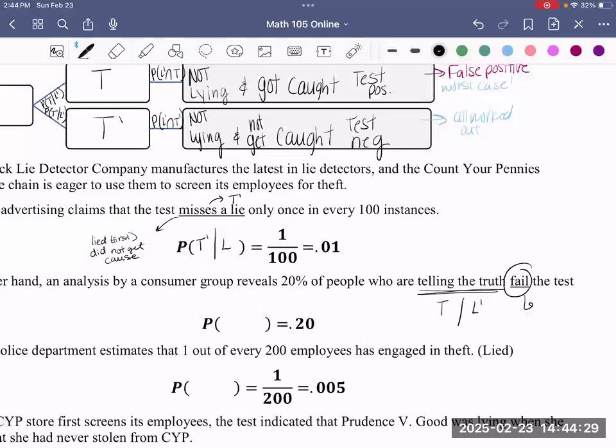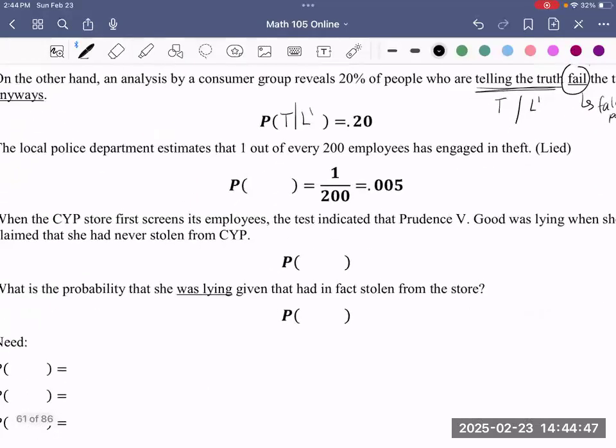This is your false positive. The test results think they're lying even though they're not lying. That happens 20% of the time. That actually seems a lot higher, right? That's not what we want to see.